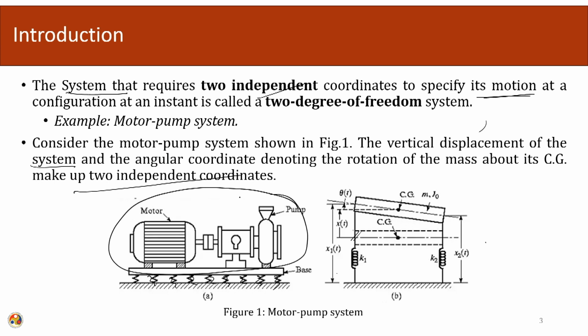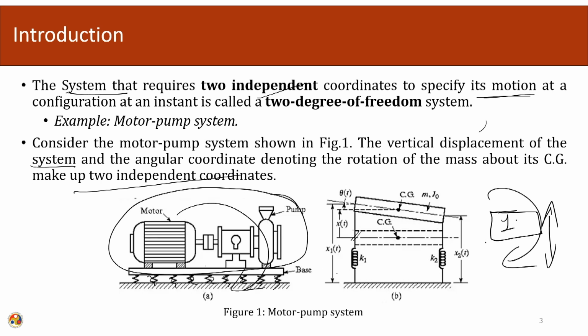What can this mass do? It can move vertically up and down, and it can also rotate. So, there is one concentrated mass which can move vertically up and down, so 1 degree comes from here, and it can rotate also, so the second degree comes out here.